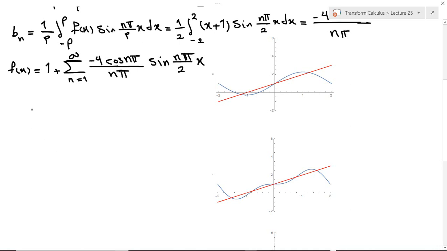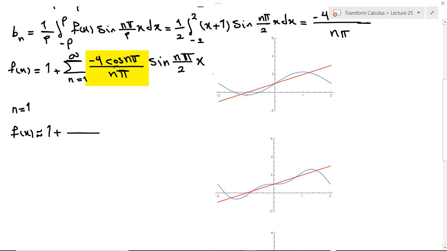Let's say n is equal to 1. In fact, we want to find the first approximation of the Fourier series. So if n is equal to 1, then f(x) is almost equal to 1 plus, if n is 1, minus 4 times cosine(minus pi).